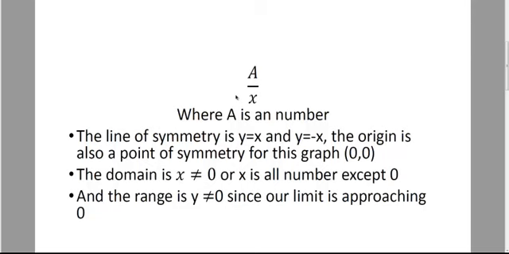The domain is x does not equal 0, or we could also say that x is all numbers except for 0. And remember, we can't divide by 0, so that's why x can't be 0. And then if you go back and look at our rules for our horizontal asymptote, as x gets larger, our range is y is not equal to 0, since our limit is approaching 0.